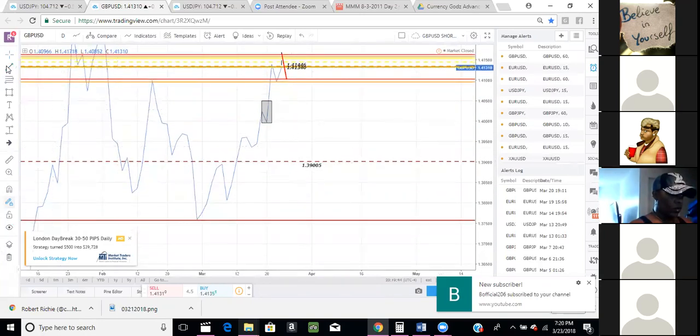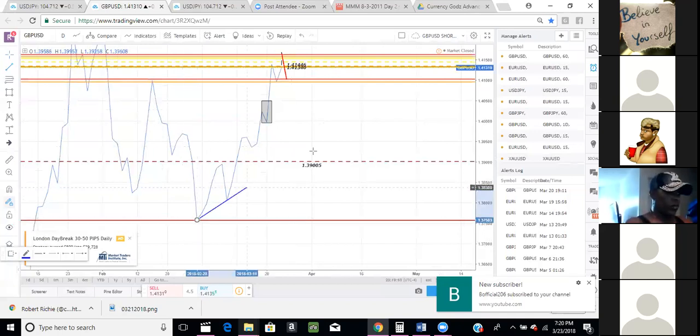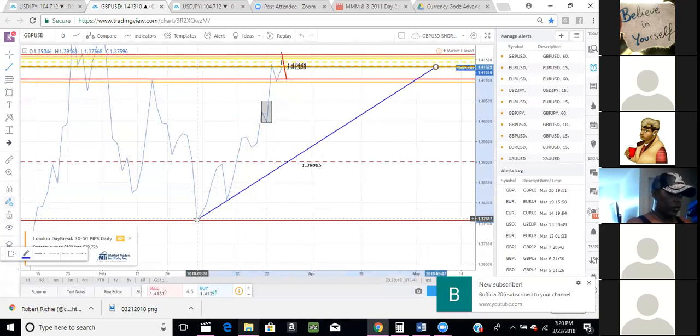Now I'm going from peak to peak. Oh, gotta change this color. Ending off on the base. Yep, this is that same channel as last week.